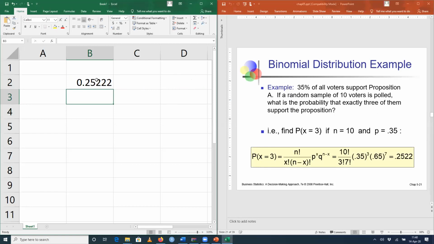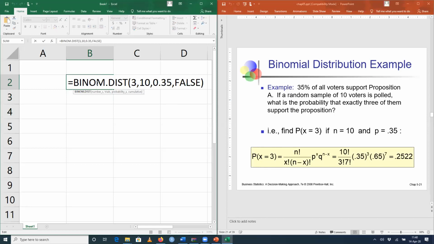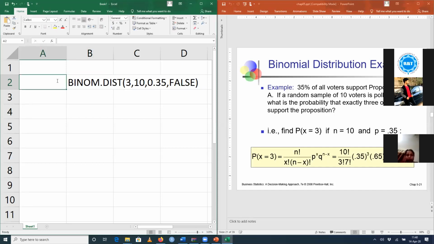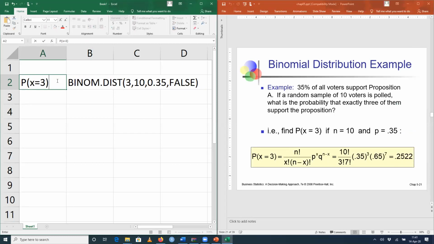We have two more options for the binomial distribution. We found the probability of x is equal to 3, we just have this formula.